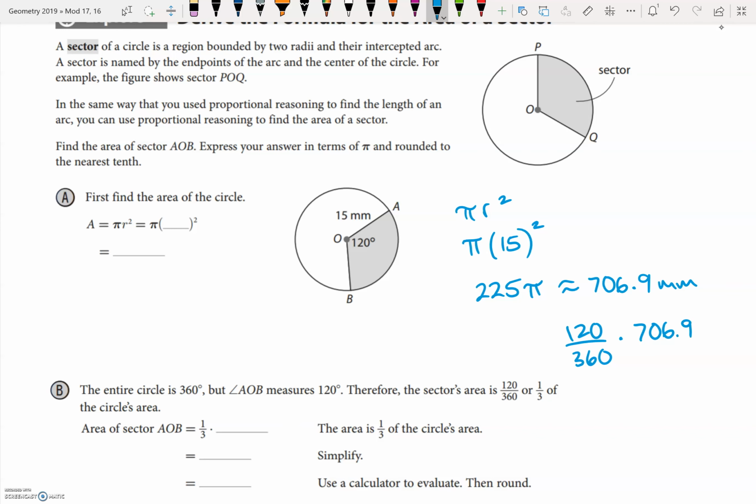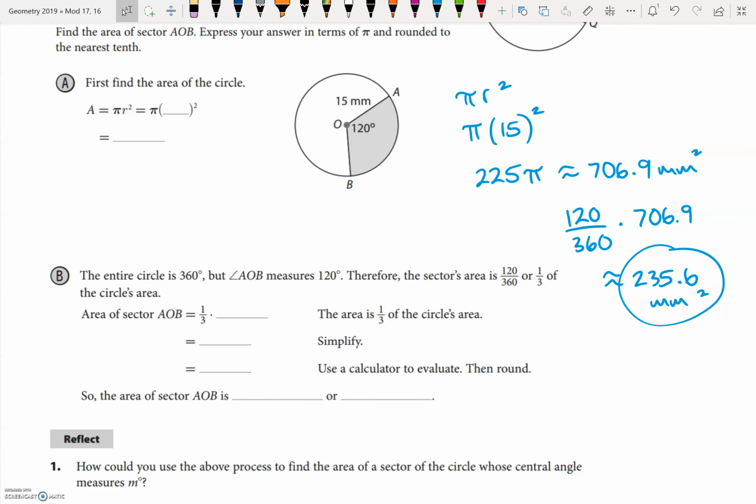If I just left it as 360 out of 360, I'd be multiplying by 1 and our area wouldn't change, but our proportion is 120 out of the 360. So we multiply it by 120 divided by 360, and we get 235.6 millimeters squared. And this one should have been squared as well.